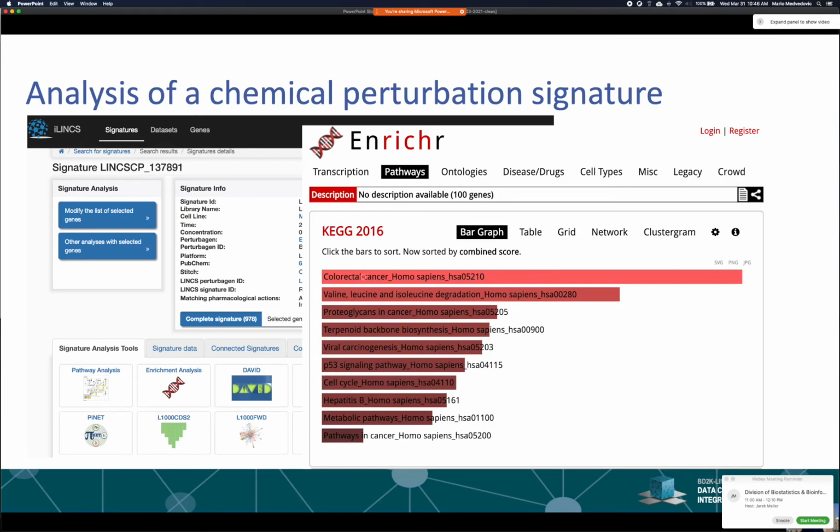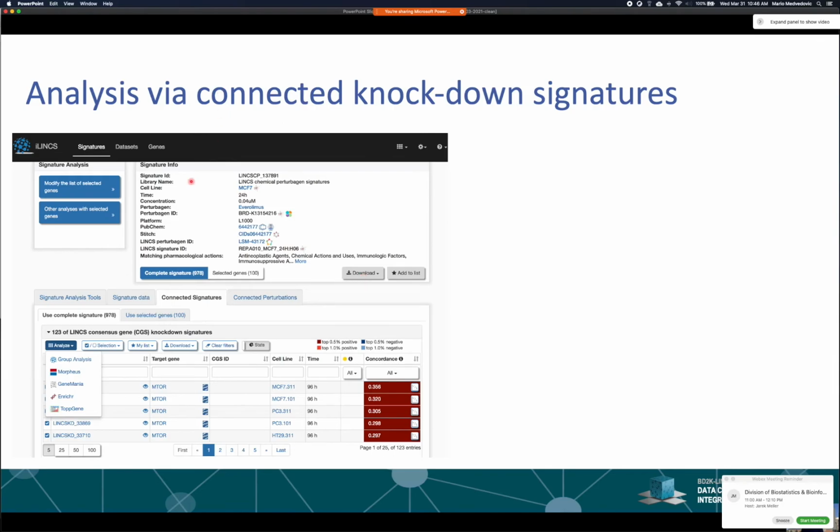But again, the results I showed you before, if we just run enrichment analysis on this signature, we don't get anything mTOR related. But now we first run connectivity analysis against these consensus gene knockdown signatures, and then instead of running enrichment on differentially expressed genes, we run enrichment of correlated genes, the genes that produce a knockdown signature that's correlated with our query signature.